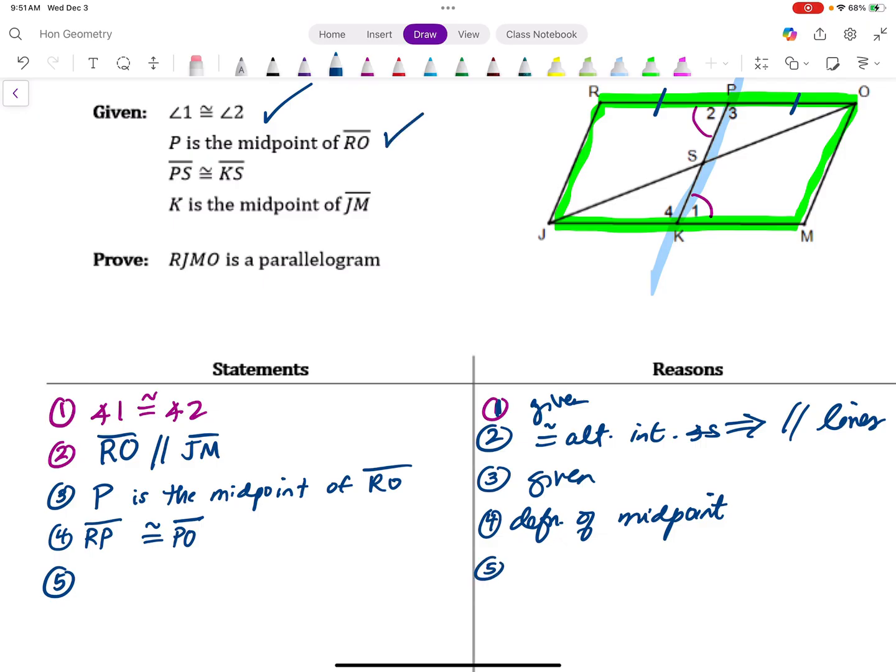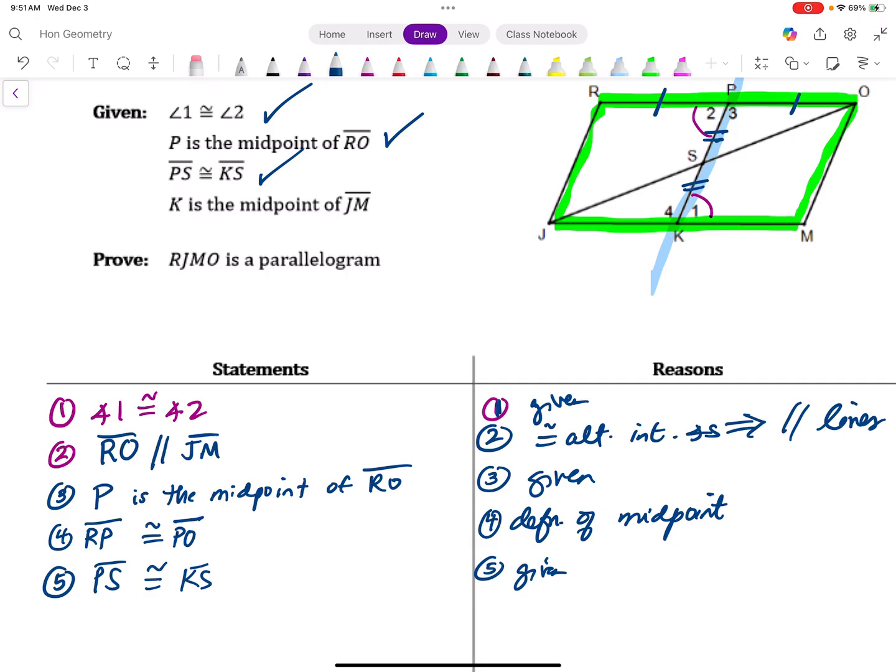Okay, got that one. We know that PS is congruent to KS because it's given. So right there is congruent to KS right here. Now that makes S the midpoint. Should I do that one or not?